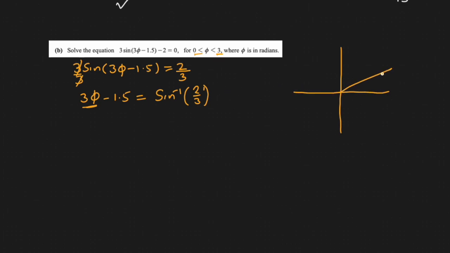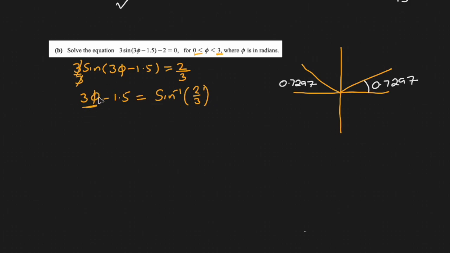Sine is positive in this quadrant and this quadrant. So the acute angle which will be given by sine inverse 2/3 will be 0.7297. This will also be 0.7297. So please evaluate this before operating this one here.